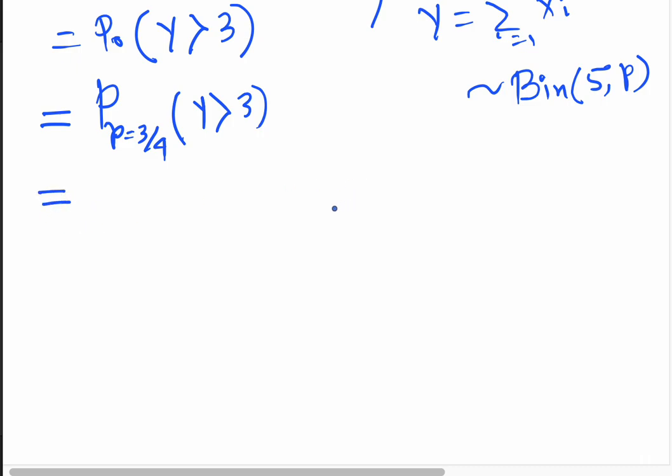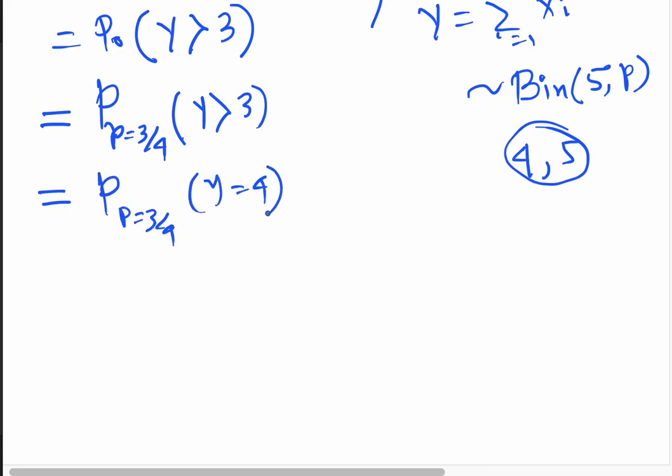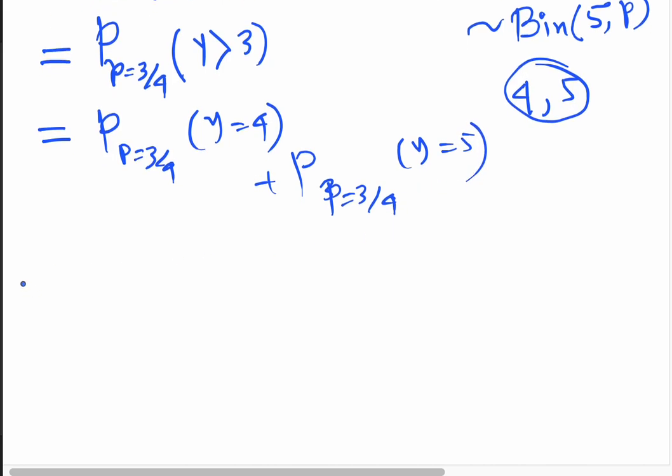Y greater than 3 means it will be either 4 or 5. Only these two numbers are greater than 3. So we have to find the probability of Y equal to 4 and Y equal to 5, with p equal to 3/4.